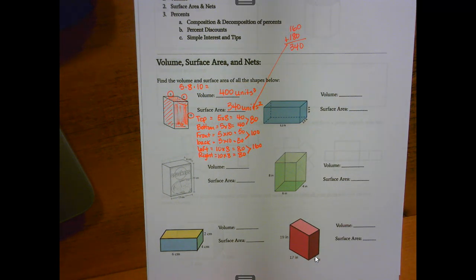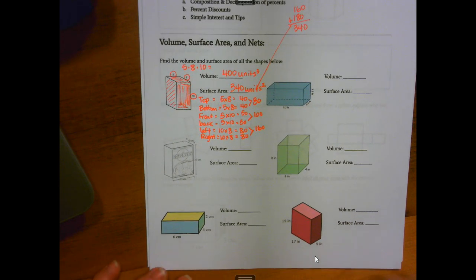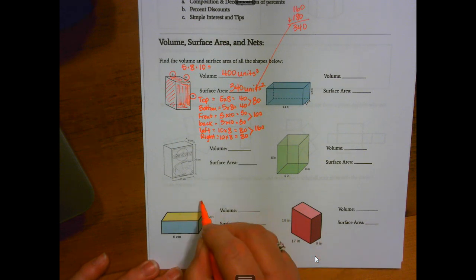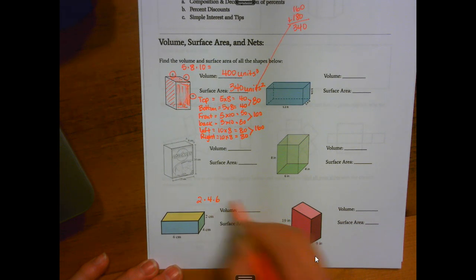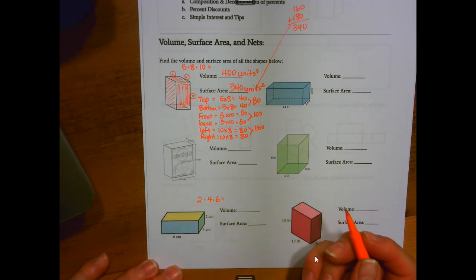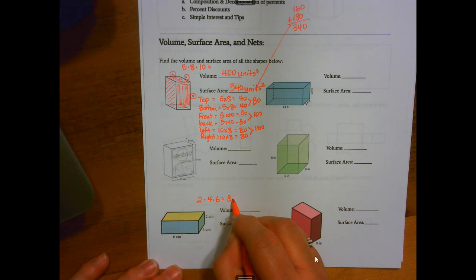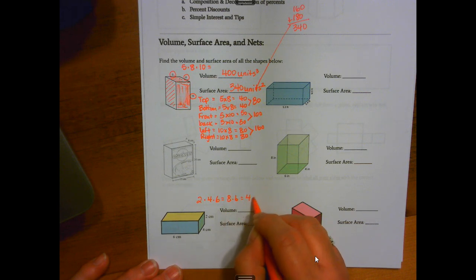We'll go ahead and do one more on this page, so let's take another one down here at the bottom. Our dimensions are 2 by 4 by 6. To get my volume, I simply multiply 2 times 4 times 6, and that is 8 times 6, which is 48.